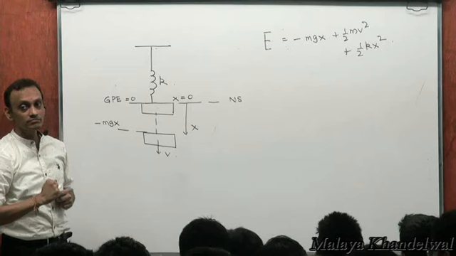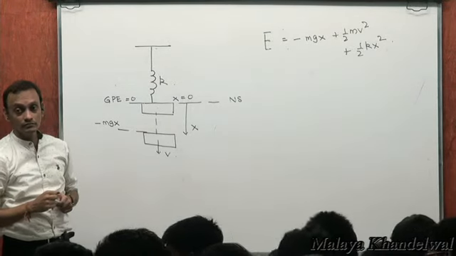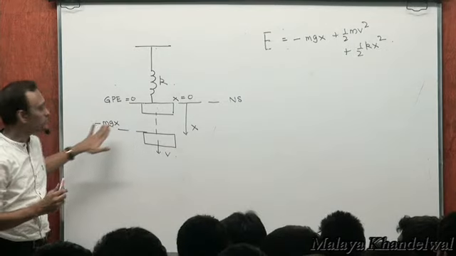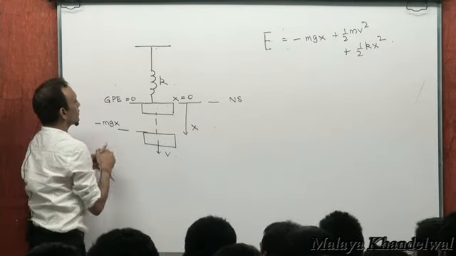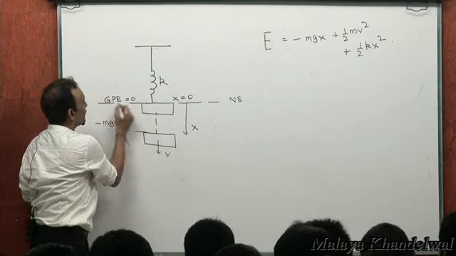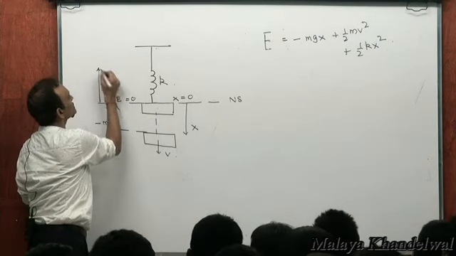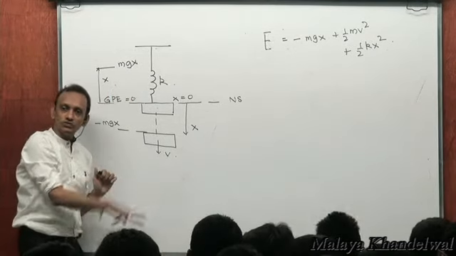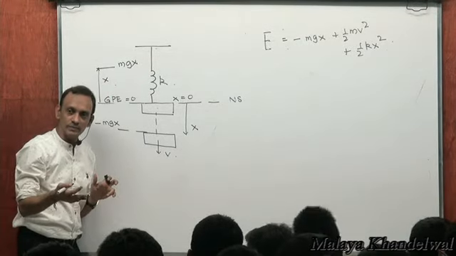Yes, please ask. Minus mgx, why minus mgx? See, if I go x units above this, potential energy will be mgx. If I go x units below, the potential energy will be minus mgx.